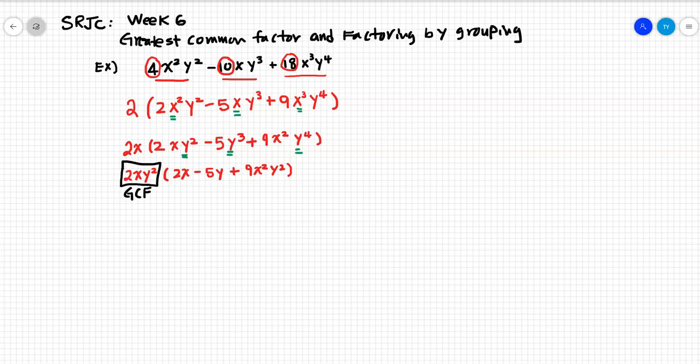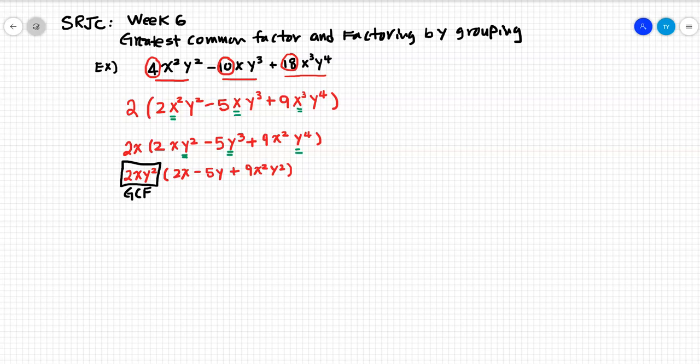If you want to find the greatest common factor, just watch out for each term and look for the common constants and the variables. Whatever is the largest common variable or constant, you just take them out to the front and rewrite the remaining ones, and you will find the greatest common factor there.